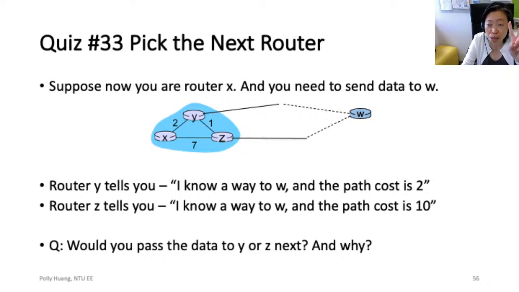It only costs me 2 to get to W. And Z, on the other hand, tells you, I also know a way to W this time, but the cost is 10. Now, which one would you pass the data to, Y or Z?